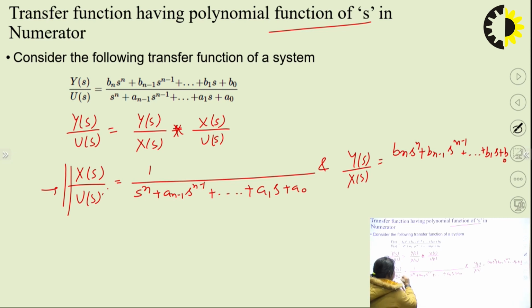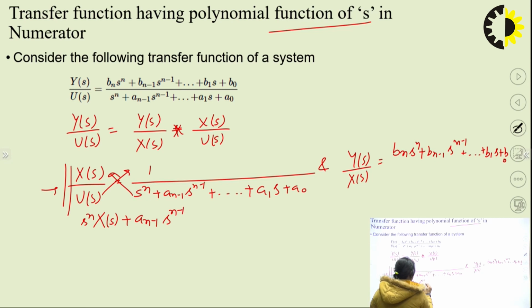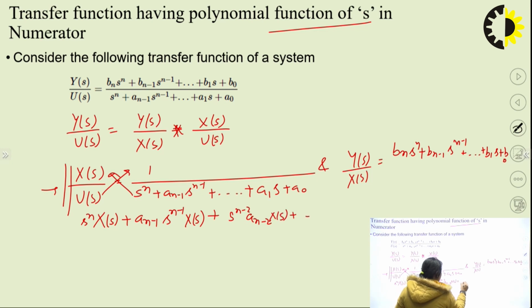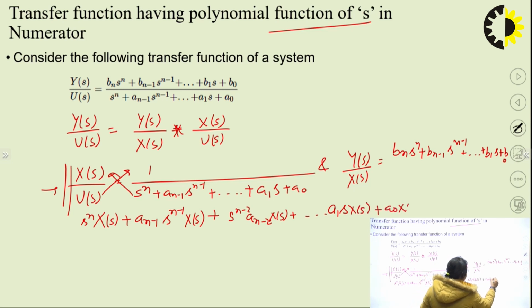Okay, so again going for the cross multiplication, I am getting s^n into Xs plus a_(n-k1) into s^(n-k1) into Xs plus s^(n-k2) into a_(n-k2) into Xs up to so on, and this will be a1 s into Xs plus a naught into Xs will be equal to simply Us.